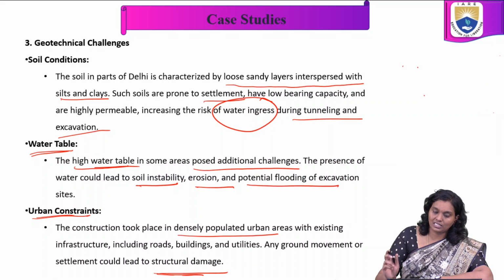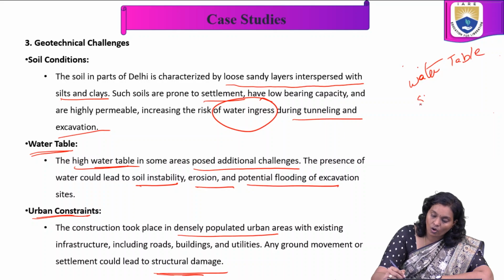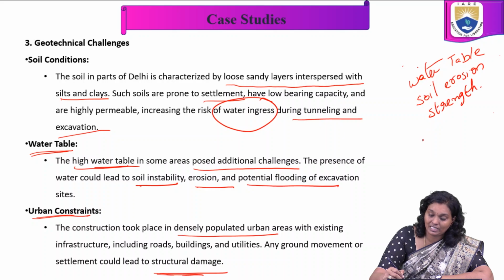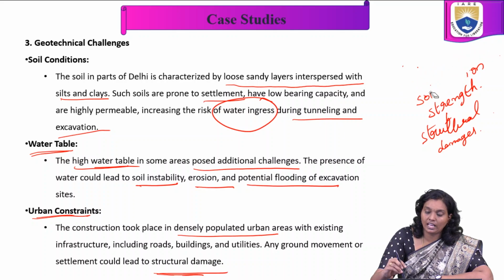Here we understand the water table is high, there is soil erosion, there are strength concerns, and nearby structures may be affected. These are the things involved from this particular geotechnical point of view.